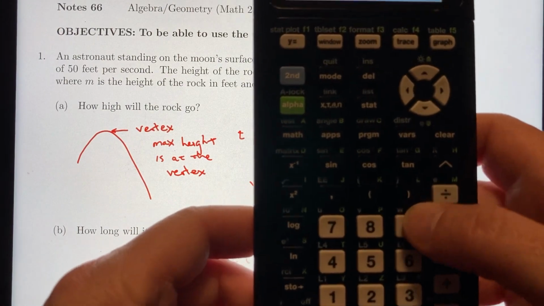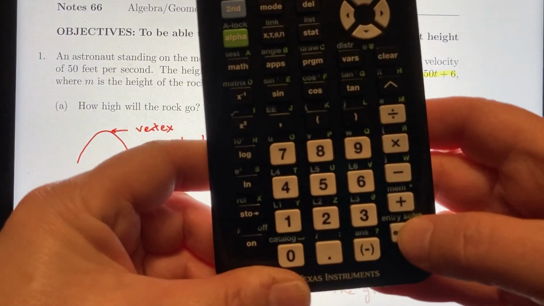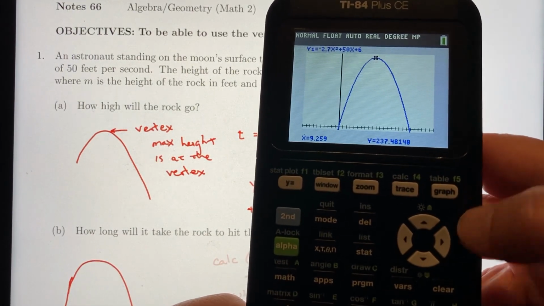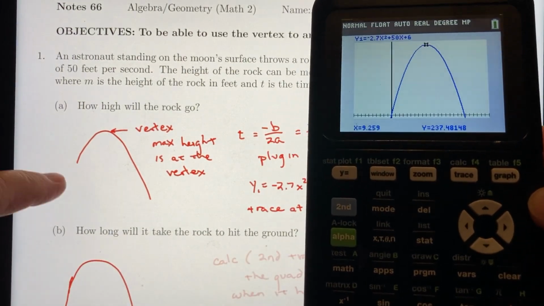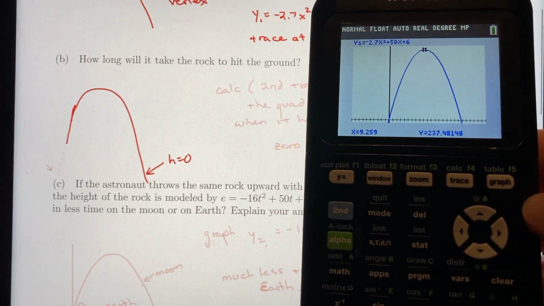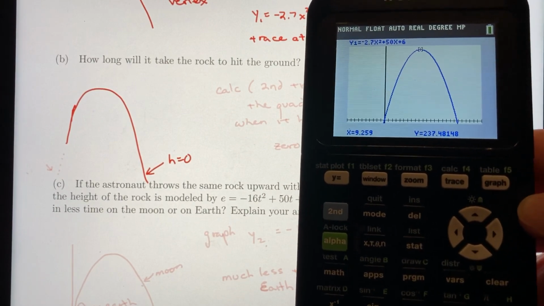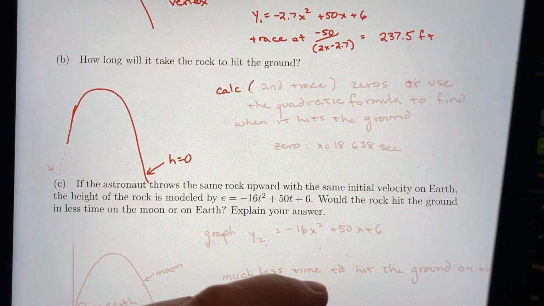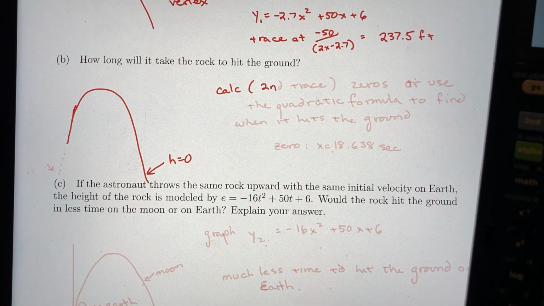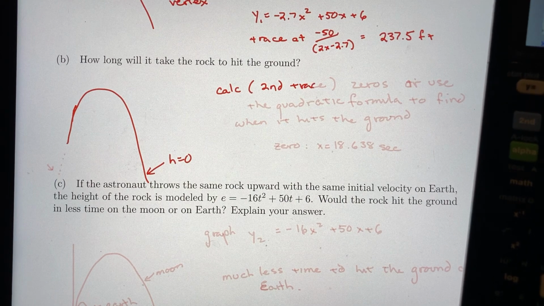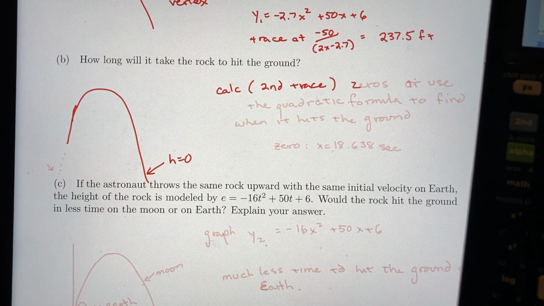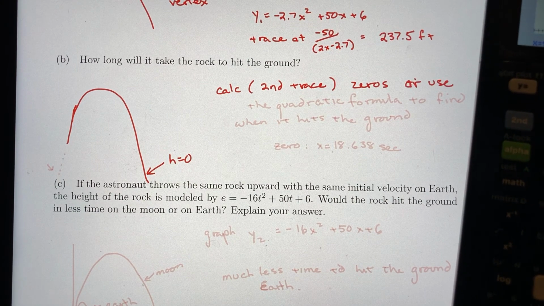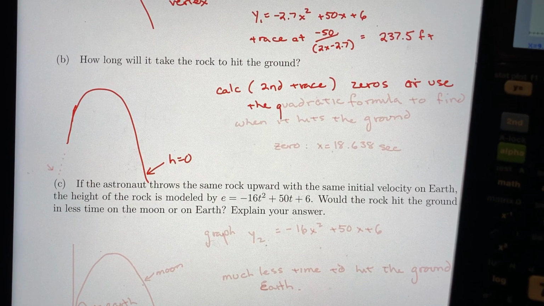Hit the ground is when the height equals 0. We're going to do what's called calc zeros.